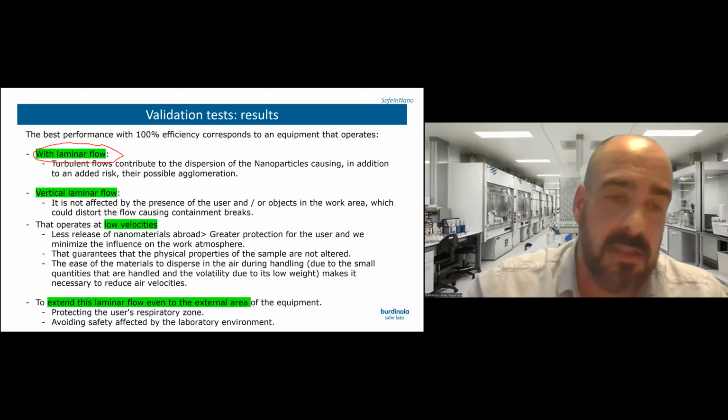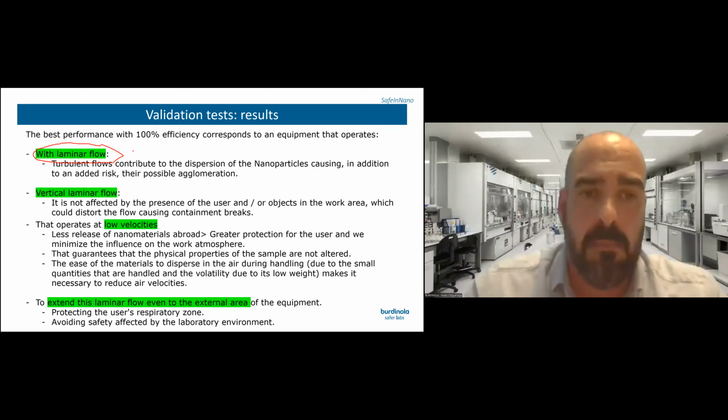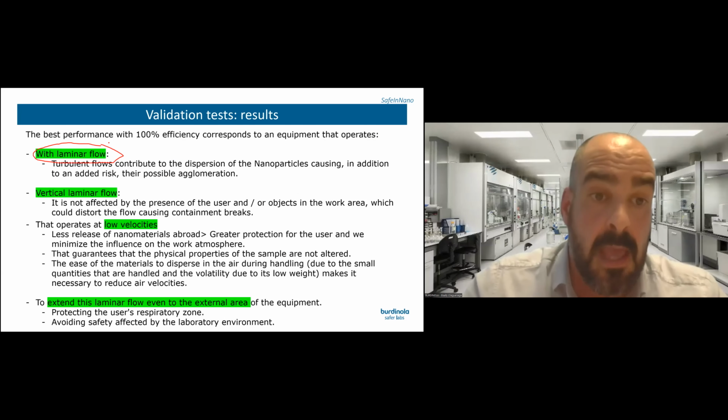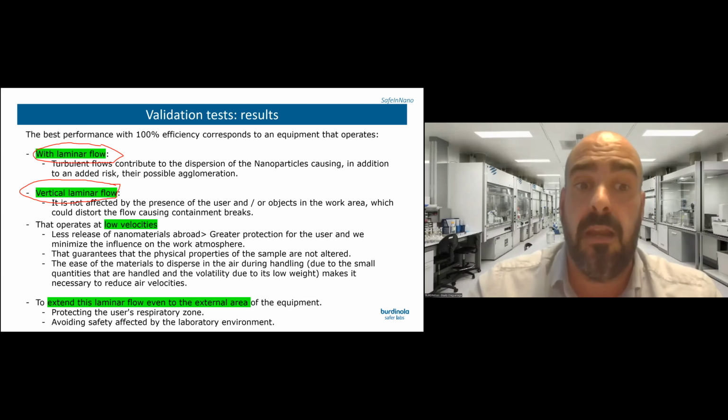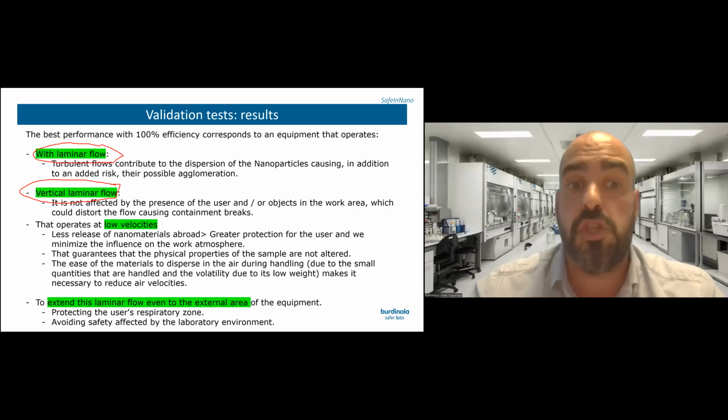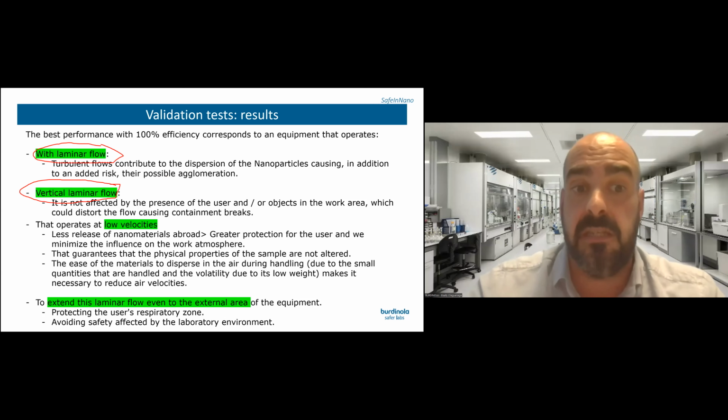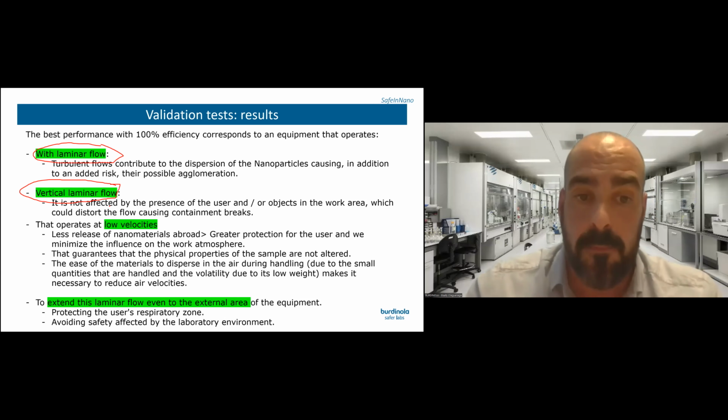We have seen that turbulent flow is the main reason for a break of containment. But this laminar flow needs to be vertical, because if we have a horizontal flow, the user breaks that horizontal flow.